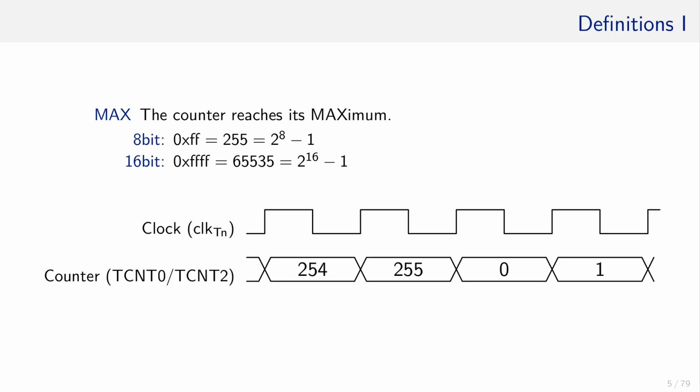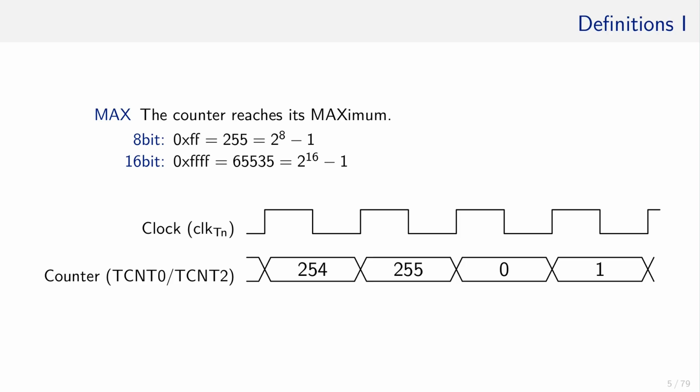But before that, we have to define a few terms. First, max. Max always represents the maximum value a TCNT register can have. It is a constant. For instance, for 8-bit counters, the maximum will always be FF in hexadecimal format.